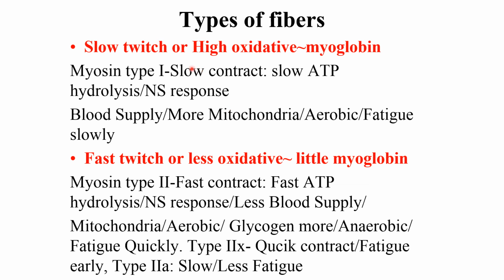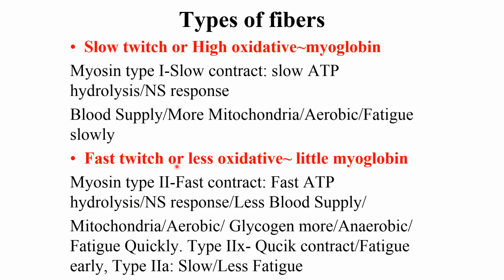So those people who can run longer distances have more slow twitch or high oxidative fibers in their muscles, and those that can do activities for shorter time better have more fast twitch or less oxidative fibers for sudden contraction, and they cannot work for longer time because their muscles get fatigued.